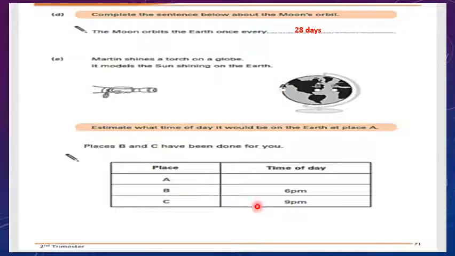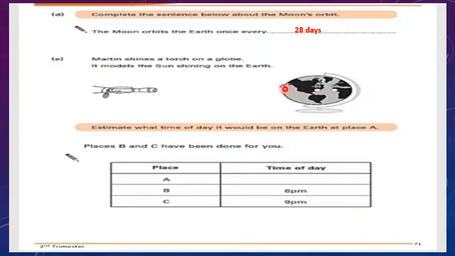They even gave us points B and C. Point B will be 6 p.m. and point C will be 9 p.m. Let's see the distance between the dots. Between B and C is smaller than that between A and B, and it's about half of the distance between A and B. Point B and point C are only 3 hours apart.